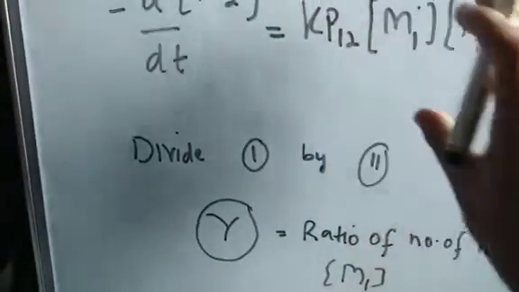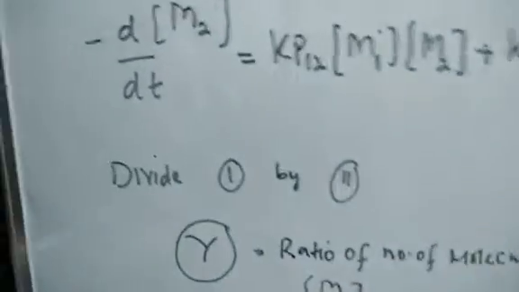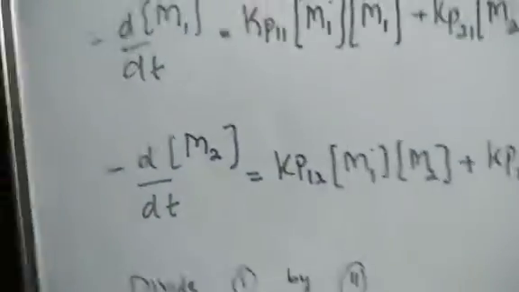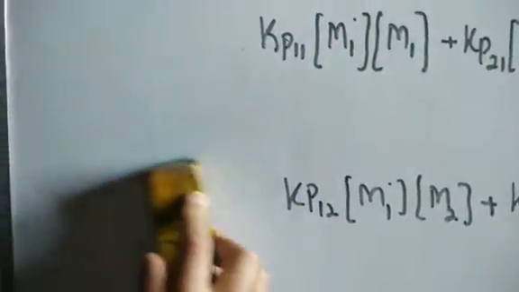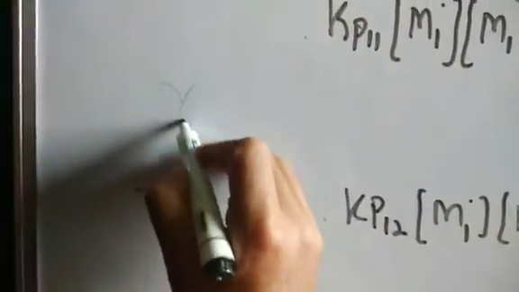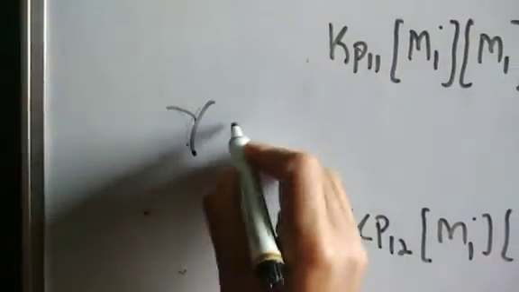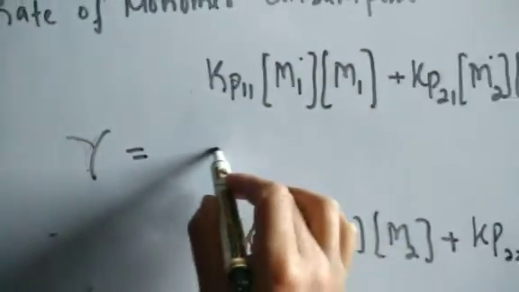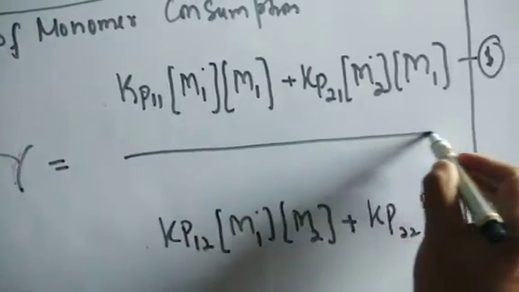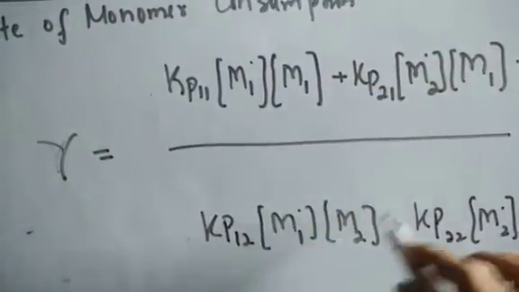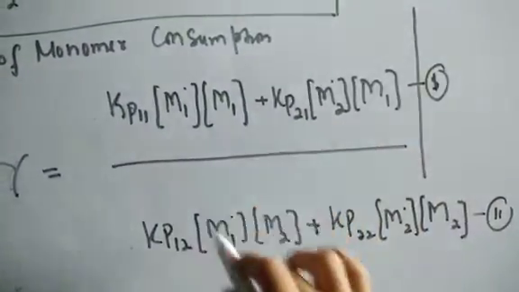Now when we divide this by this, we end up with a step like this. We have gamma here, that is equivalent to this relationship, a very important relationship.